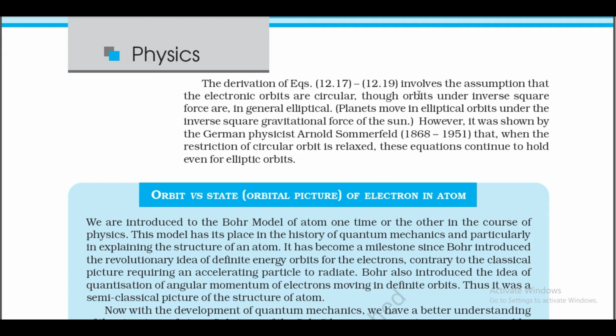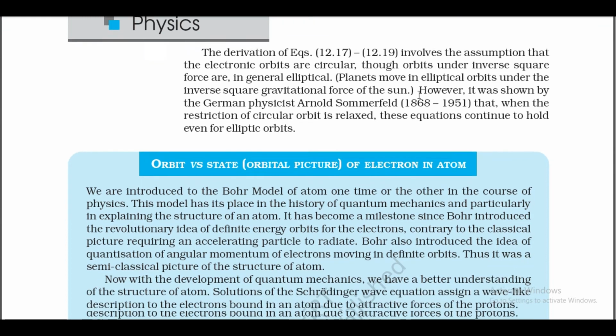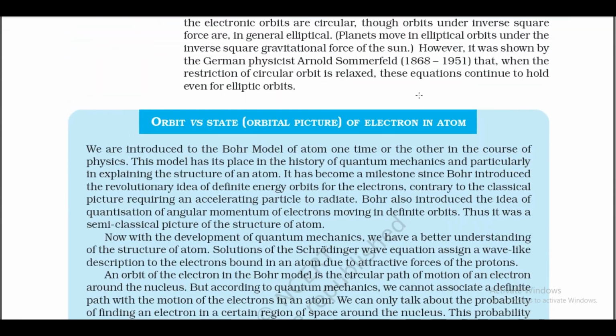Though orbits under inverse square force are in general elliptical, as planets move in elliptical orbits under the inverse square gravitational force of the Sun, it was shown by the German physicist Arnold Sommerfeld (1868 to 1951) that when the restriction of circular orbit is relaxed, these equations continue to hold even for elliptical orbits.